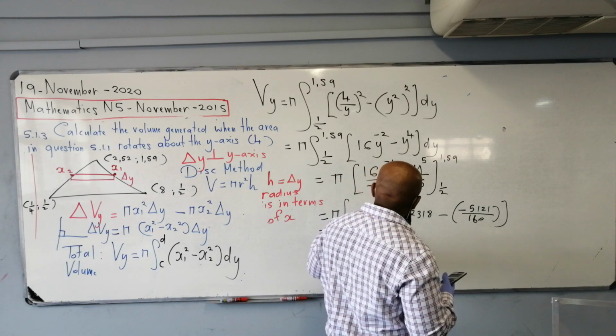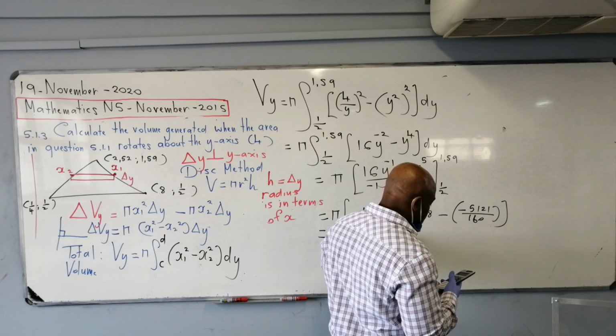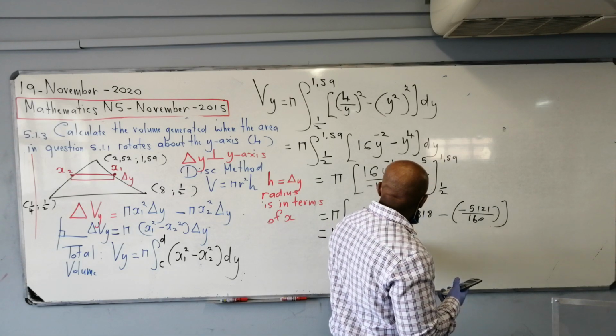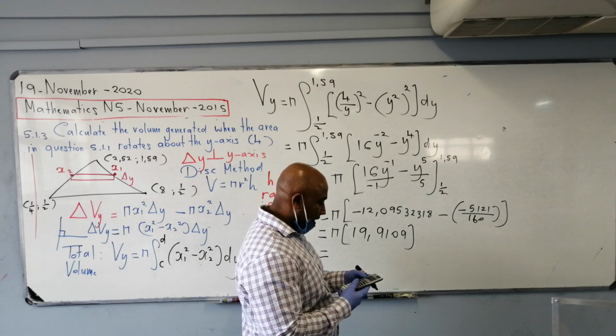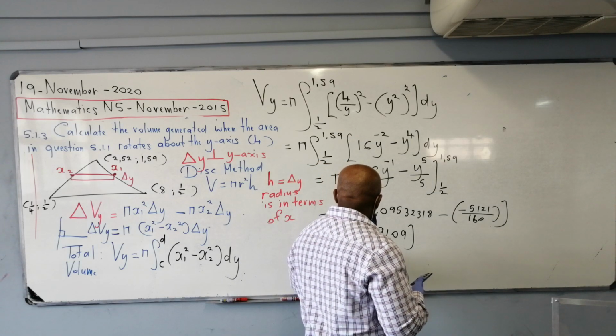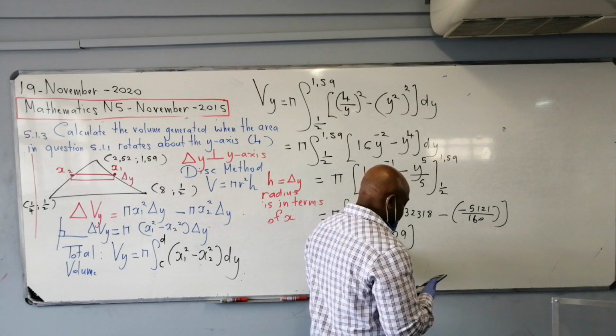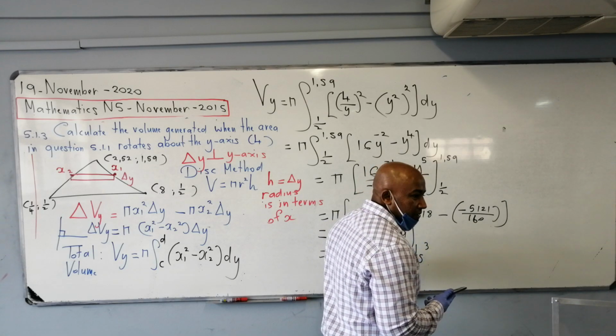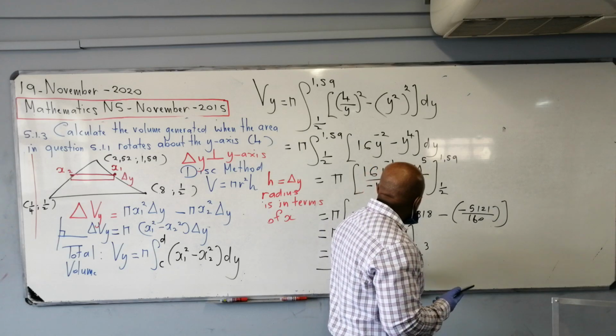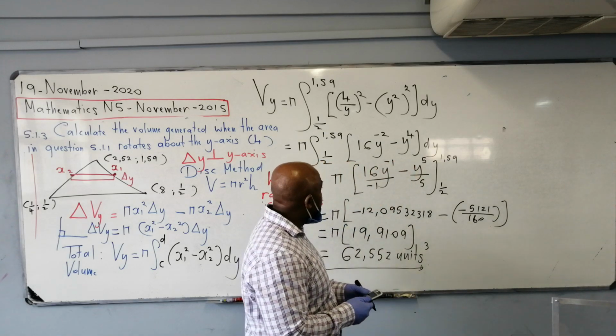We end up with 19.9109 there. And then you multiply by pi, which will give you 62.552 units to the power 3. And that was the volume question.